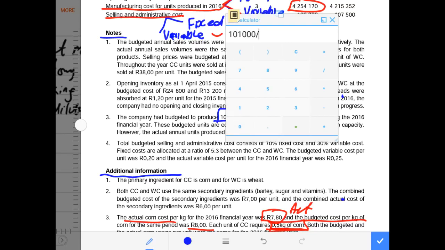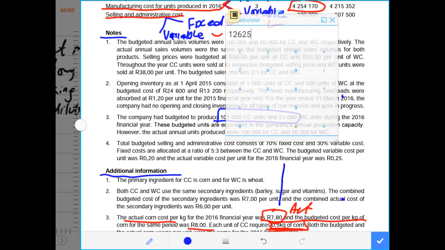We divide this by 8 to get the number of crates that we will be allocating to our products. 12,563, which is 101,000 divided by 8.